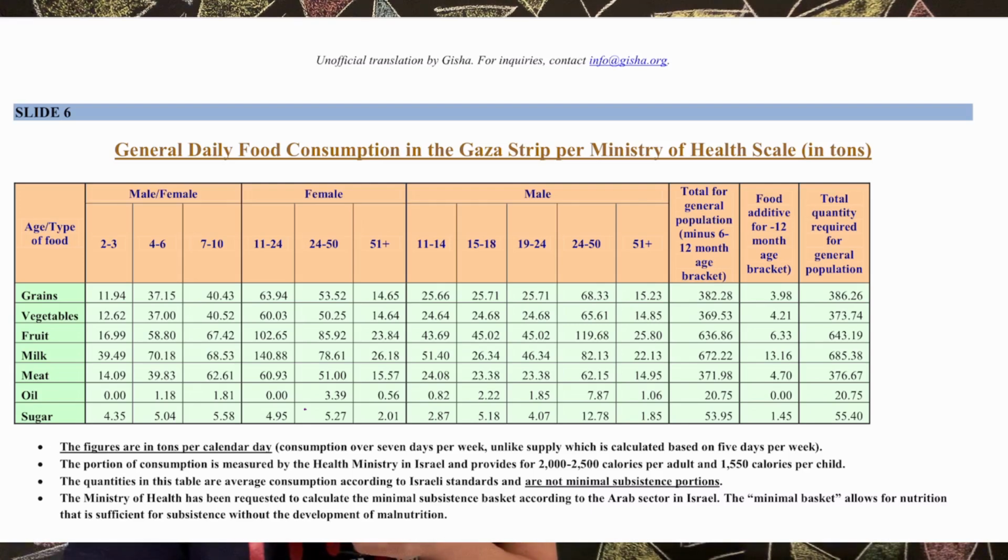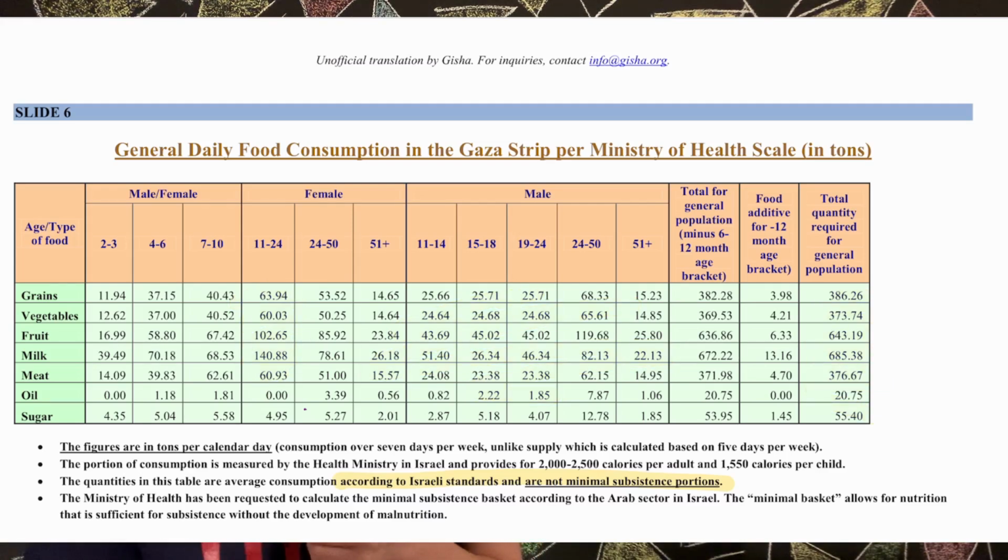Although these numbers are said to be somehow based on Israeli standards and not on minimum subsistence thresholds, the data in this table shows clear signs of algorithms having been used. Most of the figures in this table have 4 digits of accuracy, which is way more accurate than any measured data about nutrition of food will ever be.